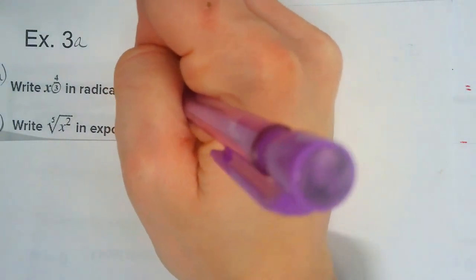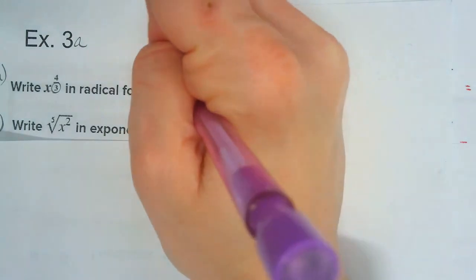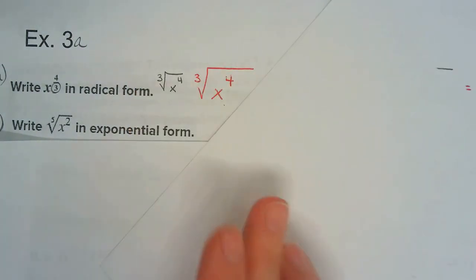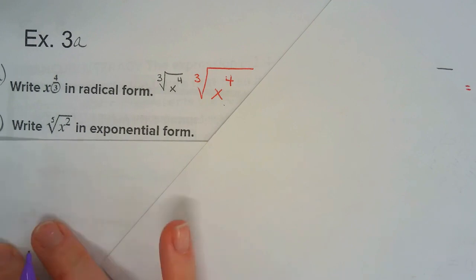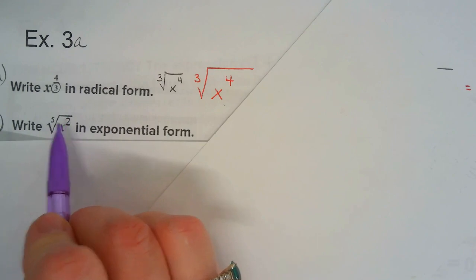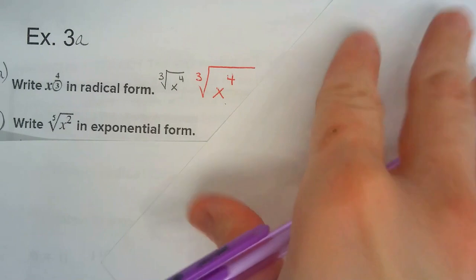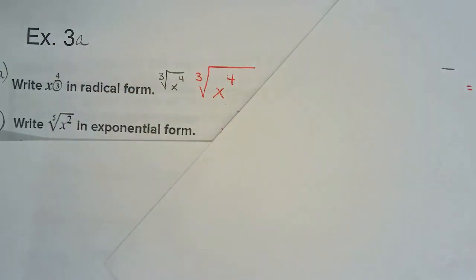So I would automatically do the cube root of x, and then this top number will always be your exponent. So you'll write the cube root of x to the fourth. Going in the reverse, if I had the fifth root of x to the second, I would just make sure that this would go on the bottom as a fraction exponent and this stays on top. So it just becomes x to the 2/5.